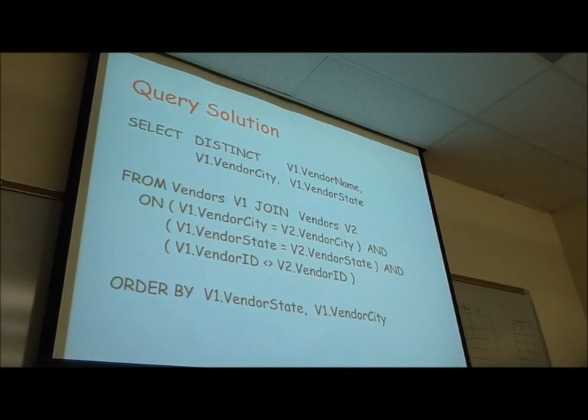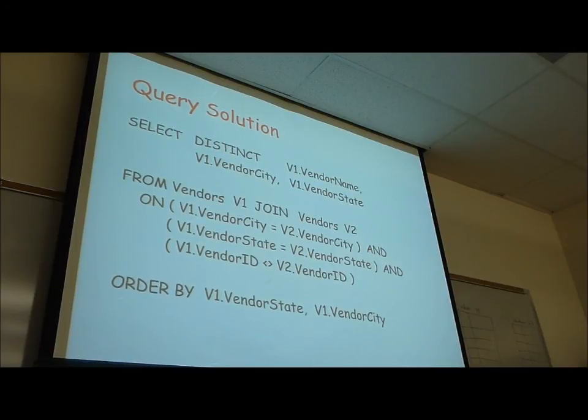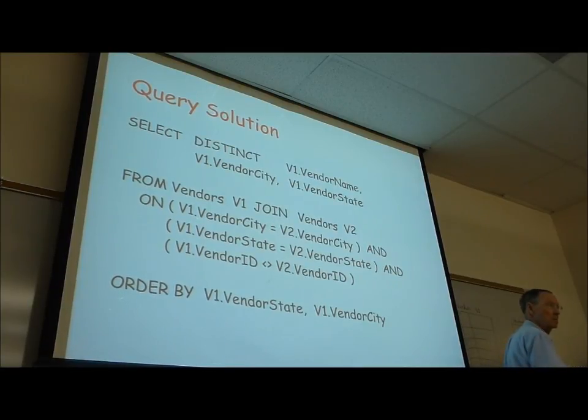Because remember what we're going to do here is when we do a join, basically, it's like cross multiplication. I'm going to take this one, I'm going to join it with all the records in here. I'm going to take this one, I'm going to join it with all the records in here. I'm going to take this one, I'm going to join it with all the records in here.